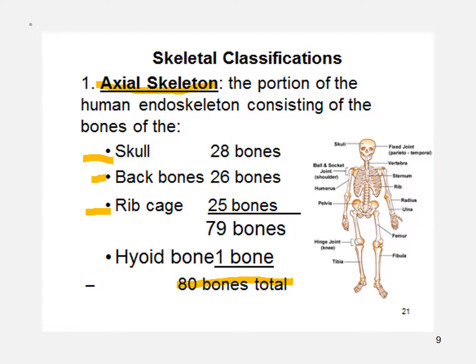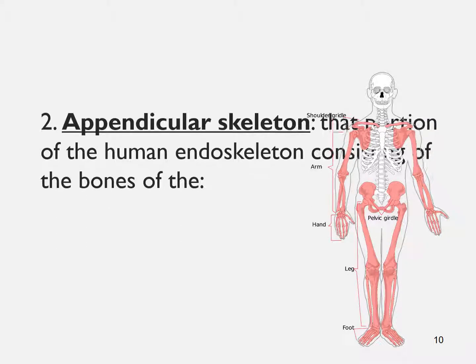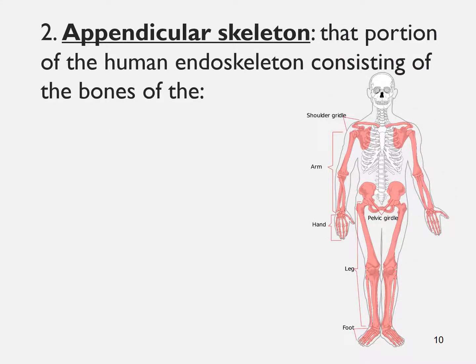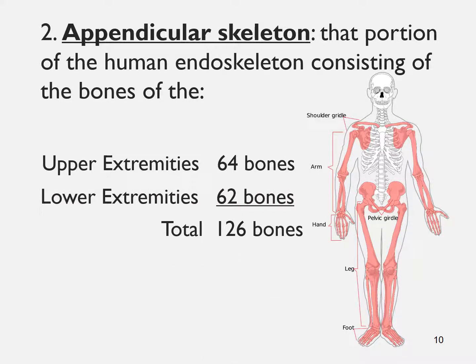And the appendicular is the portion of the human skeleton that includes the upper extremities of 64 bones and lower extremities of 62 bones, a grand total of 126 bones of the appendicular.